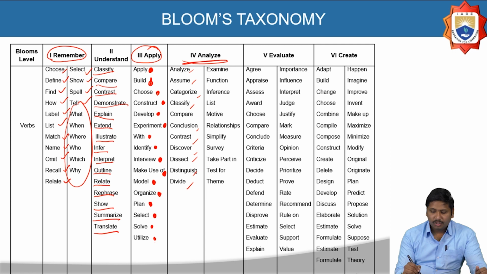Apart from this, we have examine, function, inference, list, motivate, relationships, simplify, survey, take part in, test for, and think. So like this, we have some of the analyze terms as well.